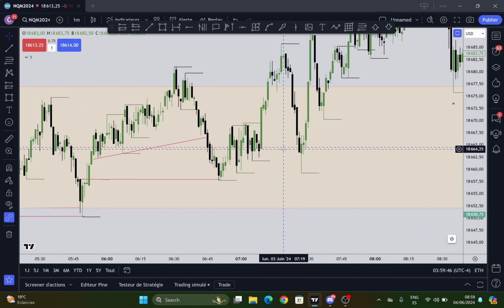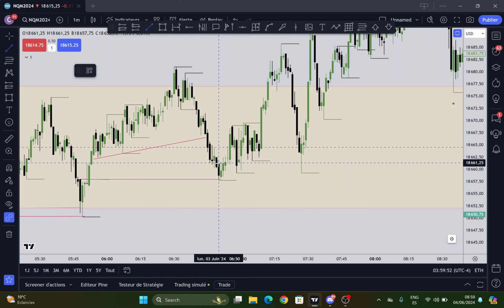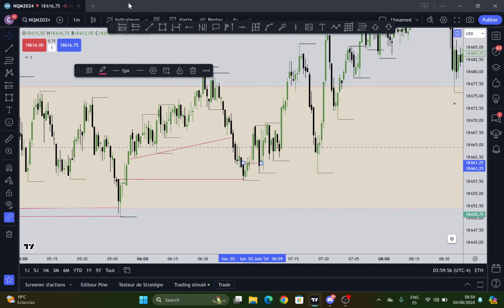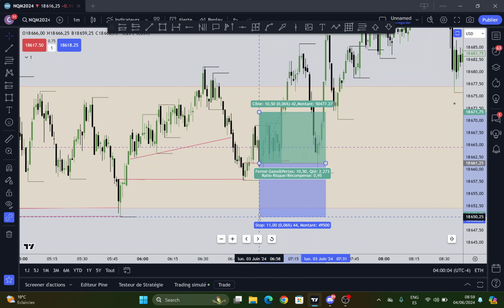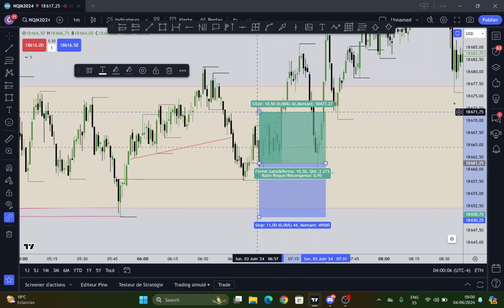Or you can play it like that. You can wait for this CSS, and wait for price to come back after sweeping this liquidity and take it from here, cover the lows and go for a one-to-one.